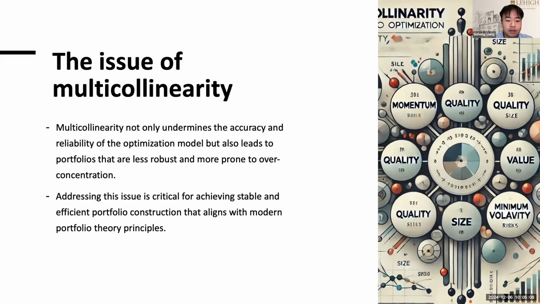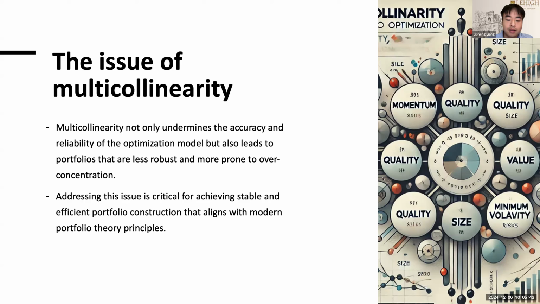As for the challenge I want to take on, this issue of multicollinearity is really a big challenge in portfolio optimization. It happens when the factors we use to explain stock returns, like momentum or quality, are too correlated with one another. This can undermine the accuracy of our optimization model, because it becomes hard to figure out which factor is actually driving the results.